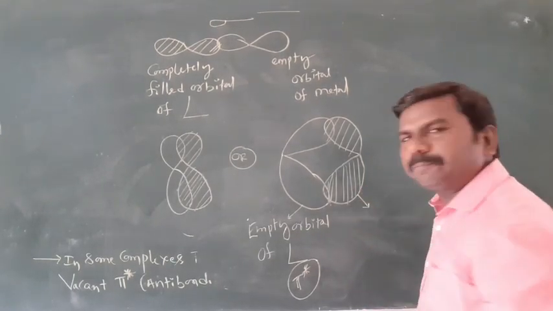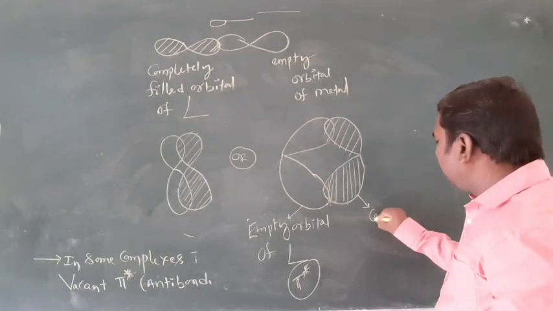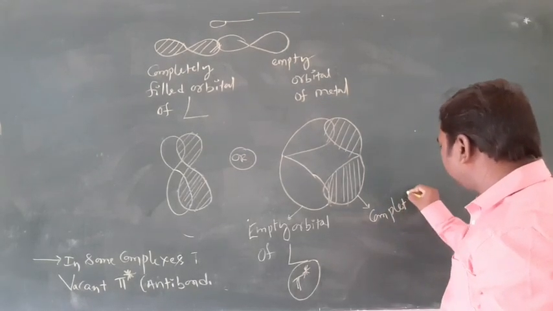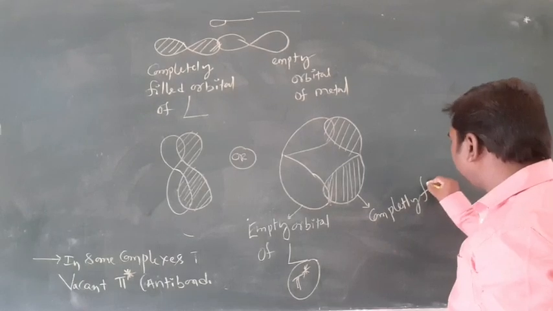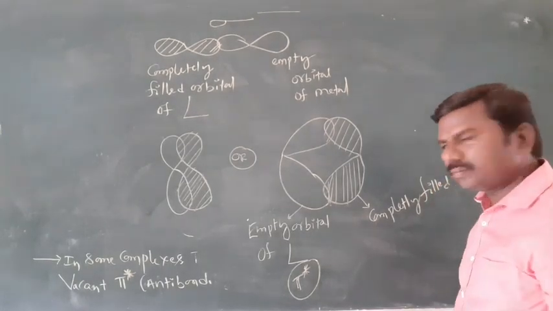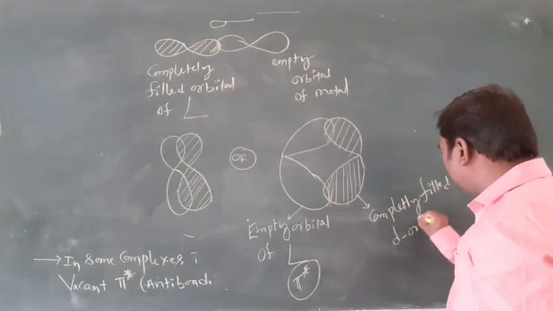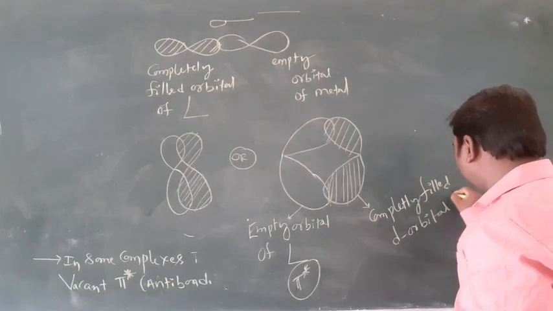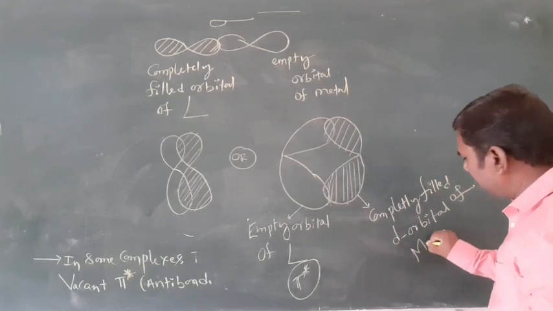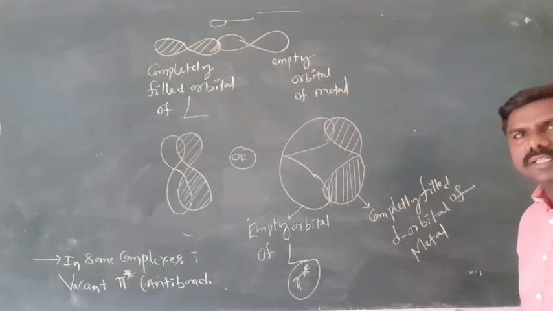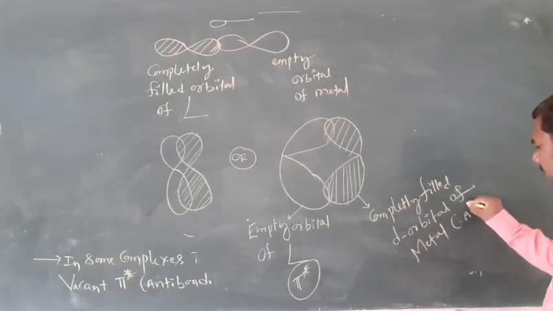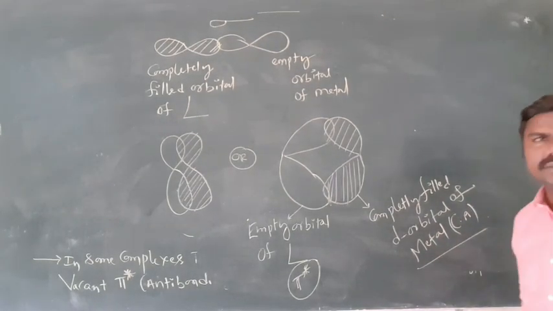Next, this is completely filled. Completely filled d orbital of metal. It is nothing but central atom. Clear?